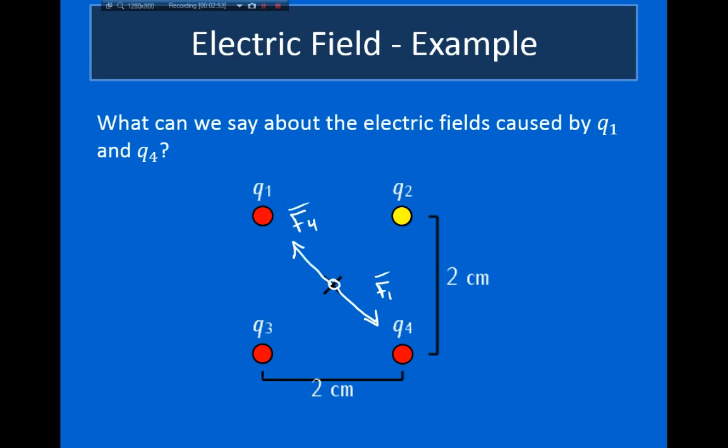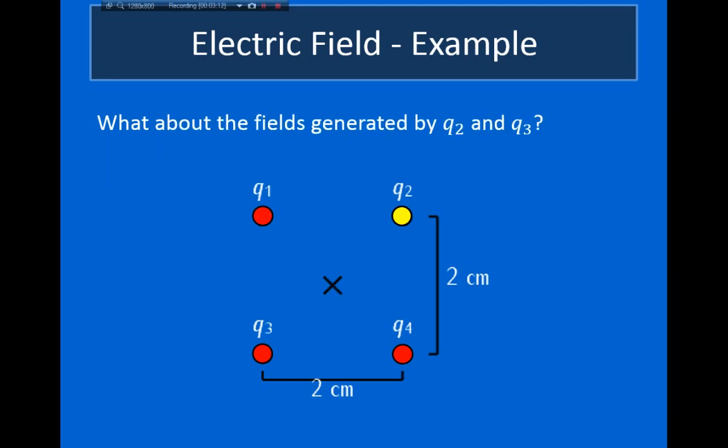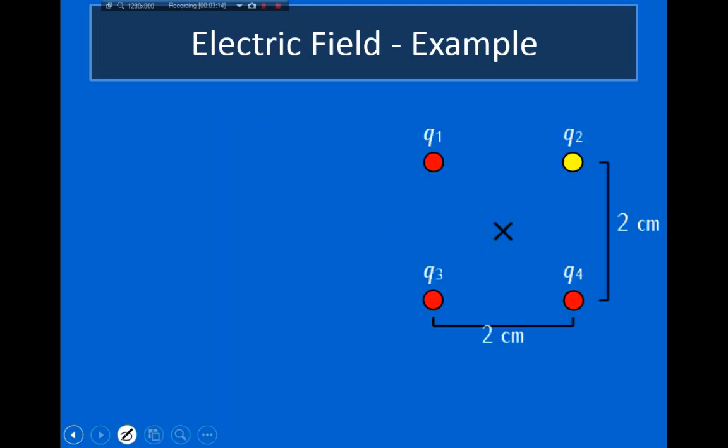Now looking at these two forces, we can see that they point in opposite directions. And because they're both the same distance from the test charge and they have the same charge, these two forces will perfectly cancel. So we can actually ignore these two charges over here when we're calculating the electric field at the center of this distribution. Now what about the other two charges, Q2 and Q3?